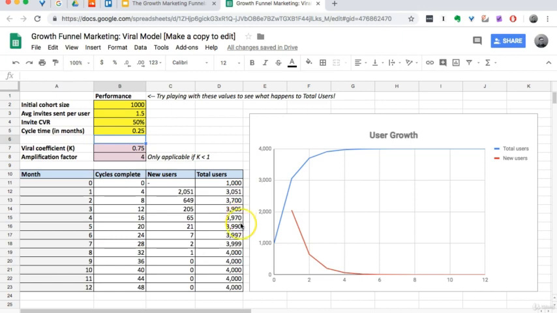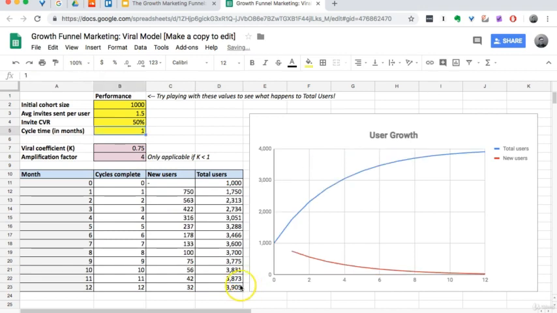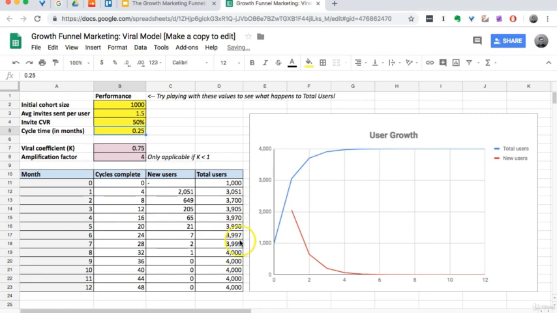Suddenly, instead of hitting our amplification factor by about month 12, we hit it much faster, by like month 6. So we're cashing in on that amplification factor much quicker, and that's going to help us grow faster.